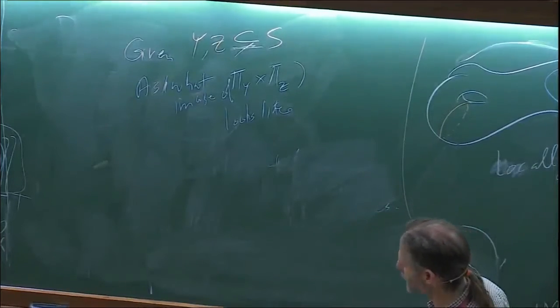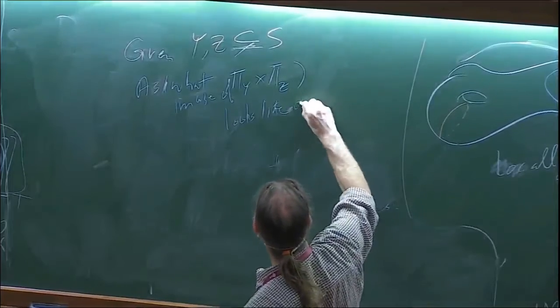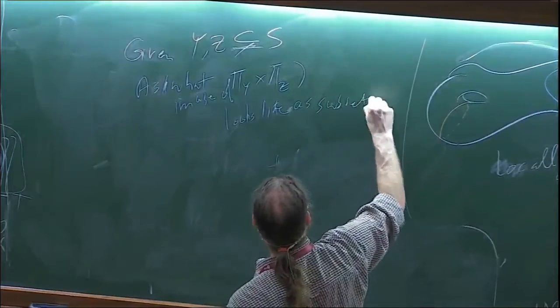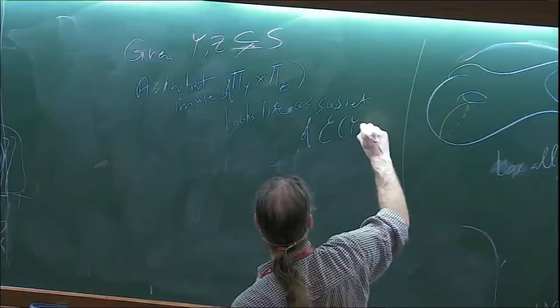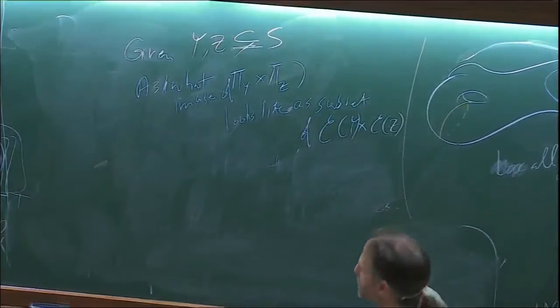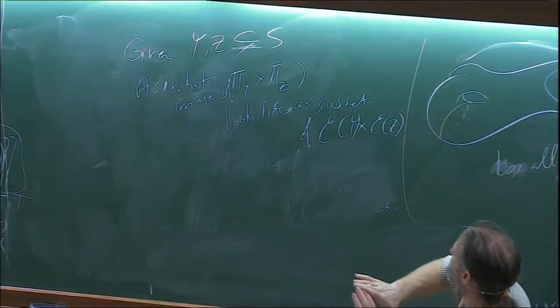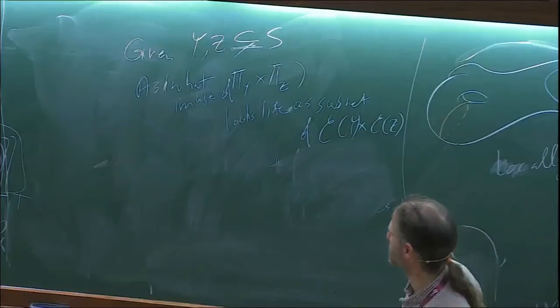So you take your mapping class group element, and you use this projection map, and you're projecting into C of Y cross C of Z.